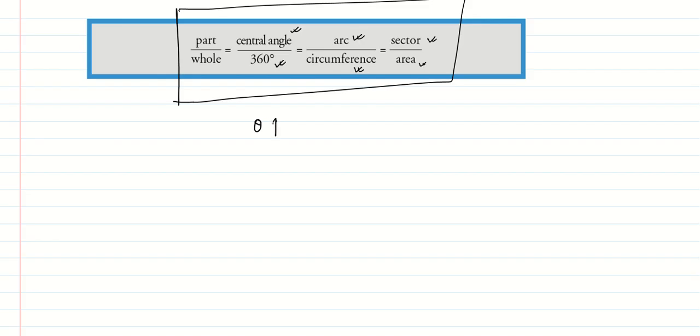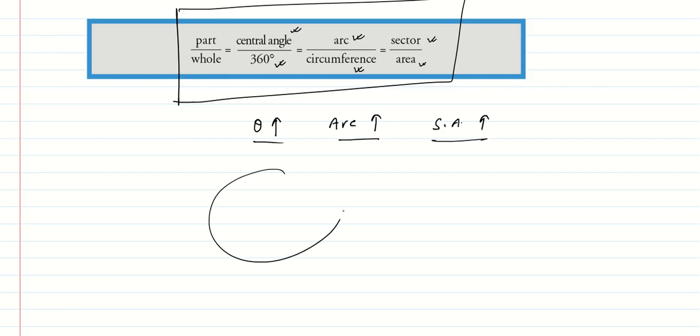If the angle increases, the arc will increase, isn't it? Very simple. Which means the sector area will also increase. This is all directly proportional. The moment you increase the angle, of course, this arc will increase, right? The sector area will increase. That's why it is proportional. Central angle divided by 360 and so on.